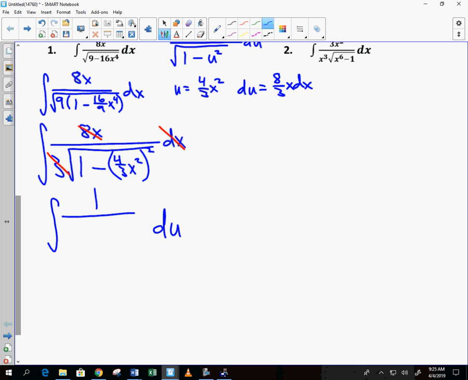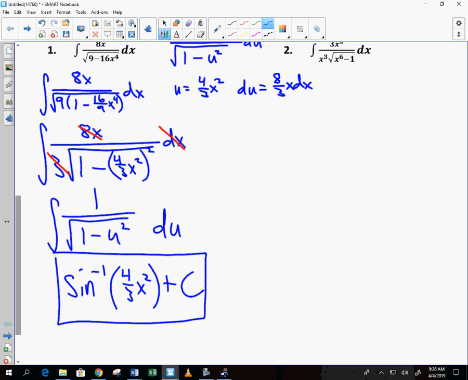You have 1 over the root of 1 minus u squared. What is the antiderivative of 1 over the root of 1 minus u squared? Arcsine of u. What is u? Pretty cool, huh?